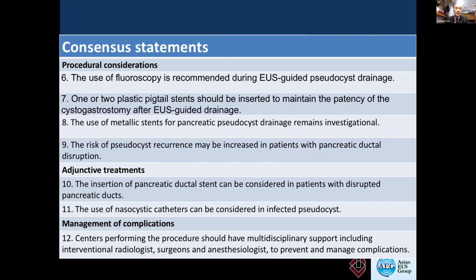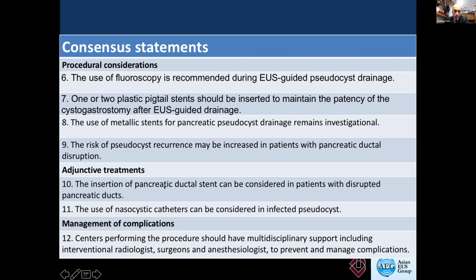For pseudocysts, I think the plastic pigtail stent is still the standard. Certainly you can use a metal stent, but it is much more expensive and you need to remove it before 4 weeks for metal stents. And in patients with a disruption of the pancreatic duct, either a broken PD in the middle with an isolated pancreatic tail, or if there is any pancreatic duct disruption, the risk of recurrence is higher.